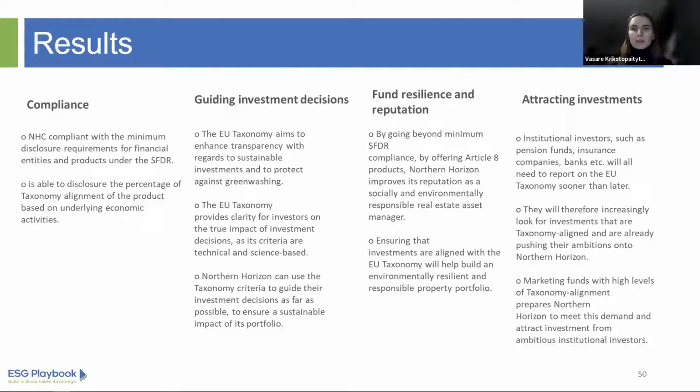Then fund resilience and reputation. Because we chose to have Article 8 products based on the Sustainable Finance Disclosure Regulation, we are really pushing towards sustainability. So we are not Article 6, which is a brown fund with no environmental objectives. We have environmental objectives, and we have to disclose our taxonomy alignment.